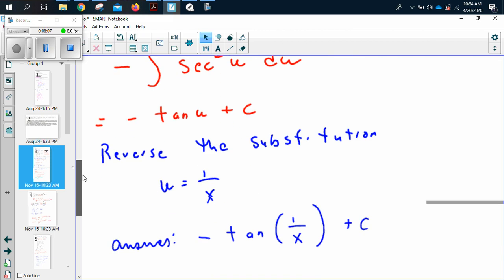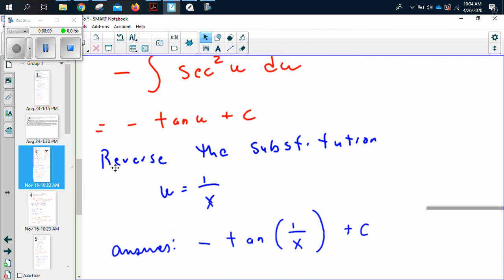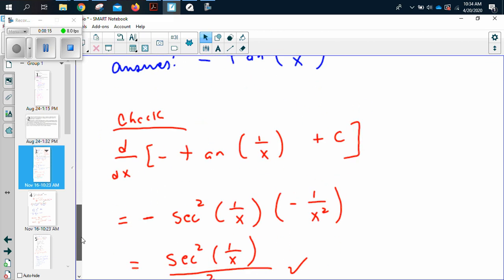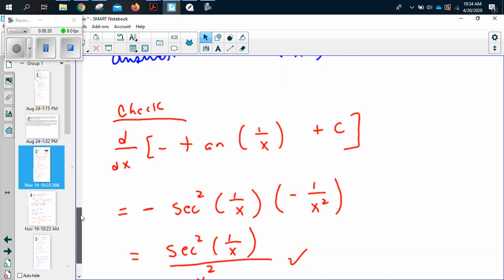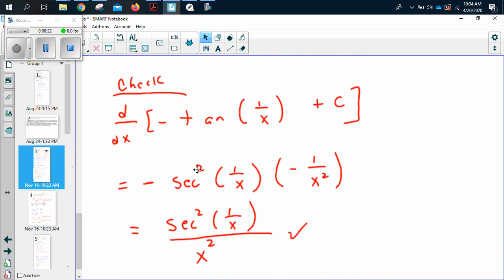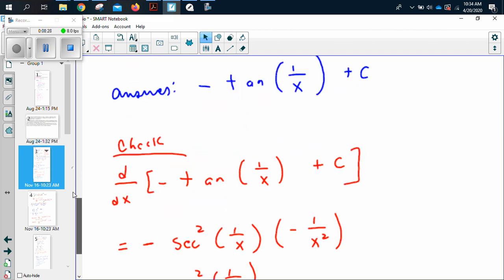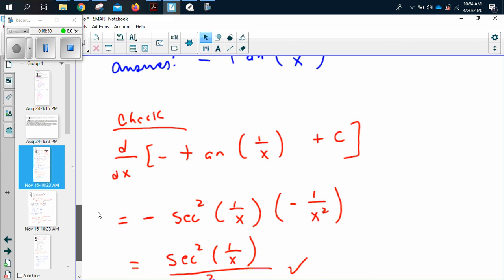Then I reverse the substitution because u is 1 over x, so I have minus tangent of 1 over x plus c. And you could check it. The derivative of my answer would be minus secant squared of 1 over x times the derivative of 1 over x. And this simplifies into what I started with.